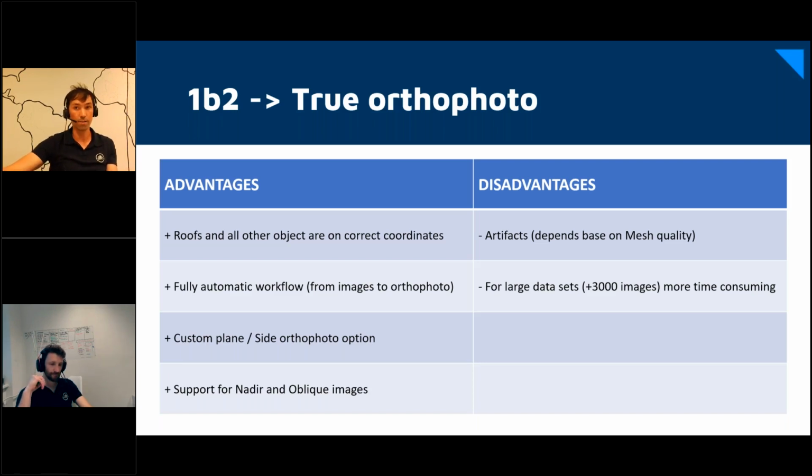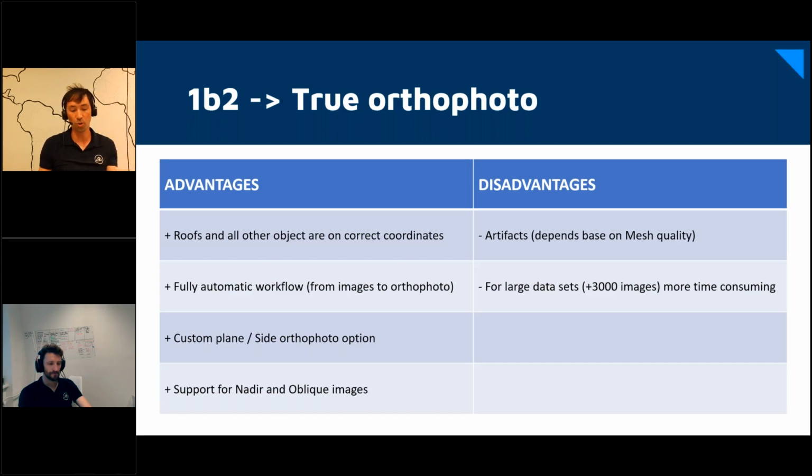If you have a building facade and you would like to create an orthophoto of it, you can easily do that with a side plane orthophoto in 3Dsurvey. And another nice benefit, which is more and more important based on user feedback, is that with a true orthophoto you can calculate it from any type of images.